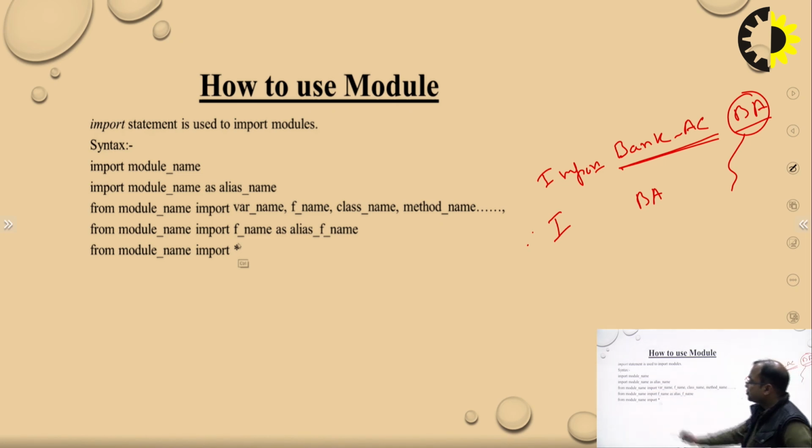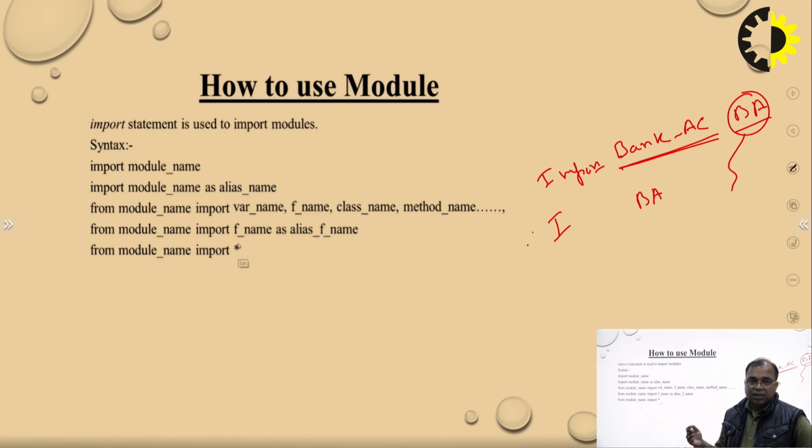Next we have from module name import f_name as f. It means if we want to use the first name several times, we can keep it under a short name like f only. Next, from module_name import star.